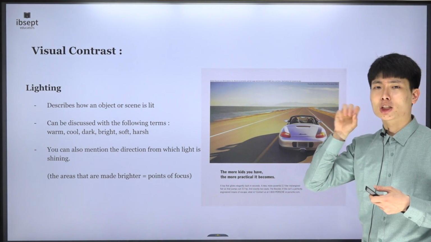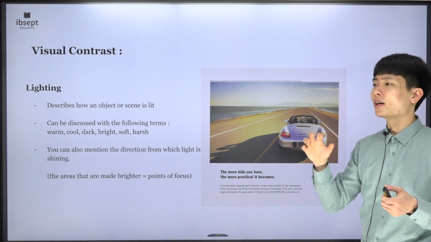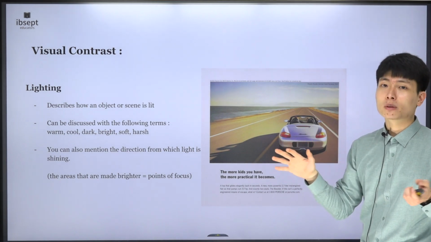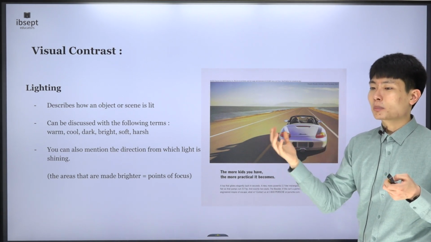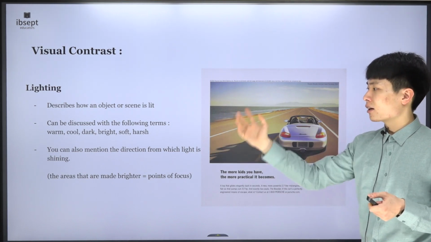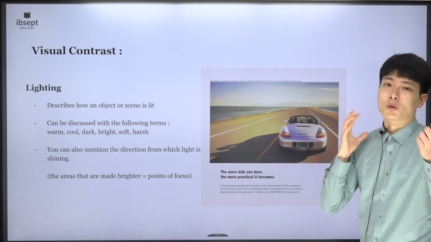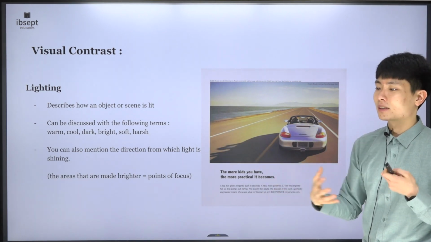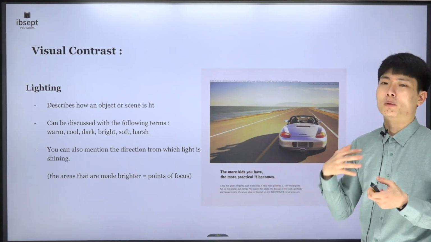It throws very sharp and clear shadows. So the things that are in the shadows are barely perceptible, and vice versa, the areas that are lit very brightly. Harsh lighting generally has more visual contrast, as compared to soft lighting, which gives off that smoother, more rounded quality.